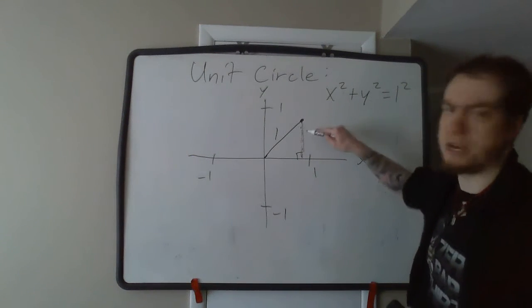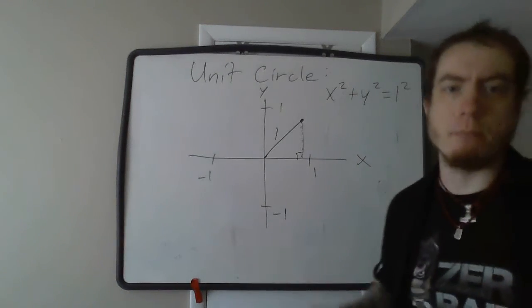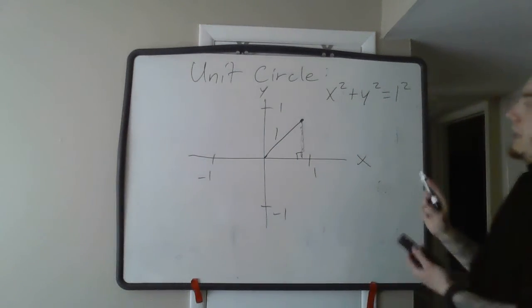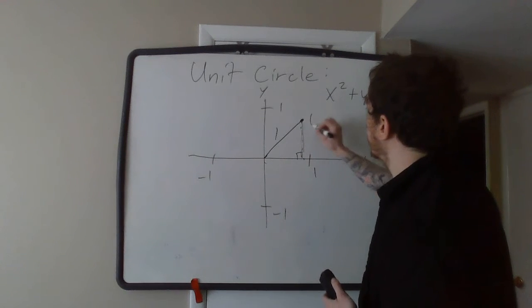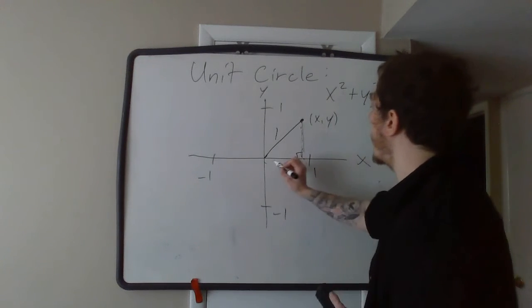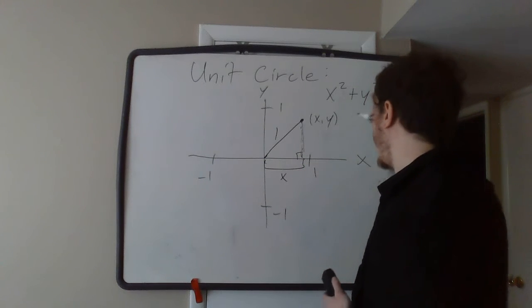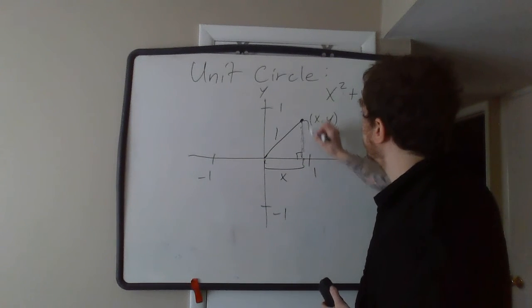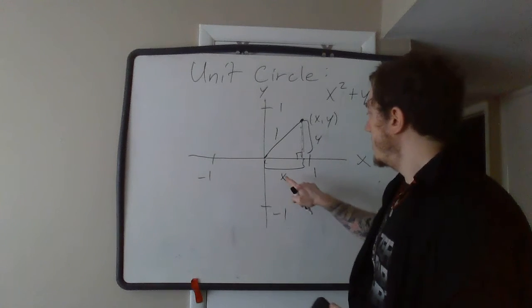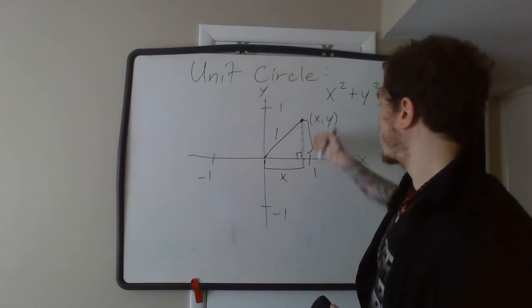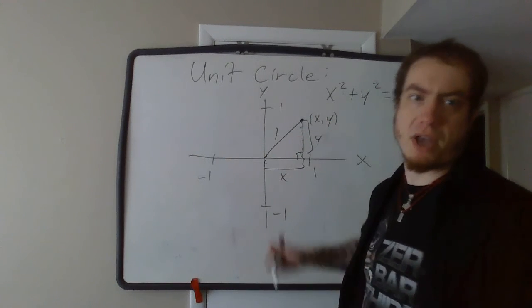If I think about this, well, this point here is going to be some point x comma y, and the base of this triangle is x, the height of this triangle is y. The Pythagorean theorem tells me that the square of the bottom plus the square of the side equals the square of the hypotenuse.